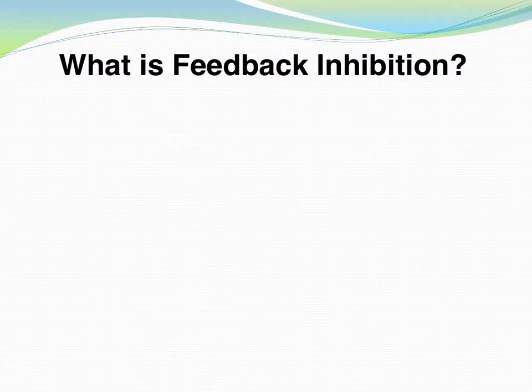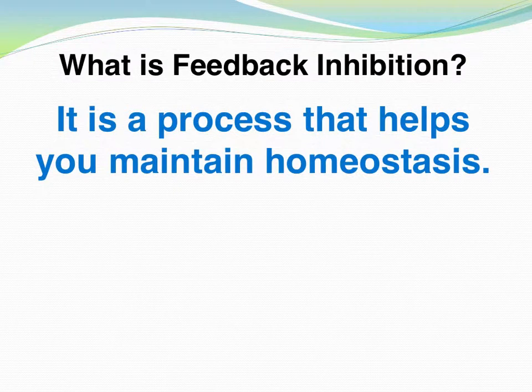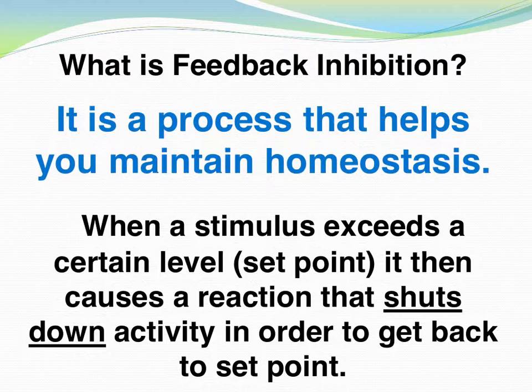You also read about feedback inhibition. So what is that? Well, feedback inhibition is just another process that helps you maintain homeostasis. So when a stimulus exceeds a certain level or a set point, it then causes a reaction that shuts down activity in order to get back to the set point.